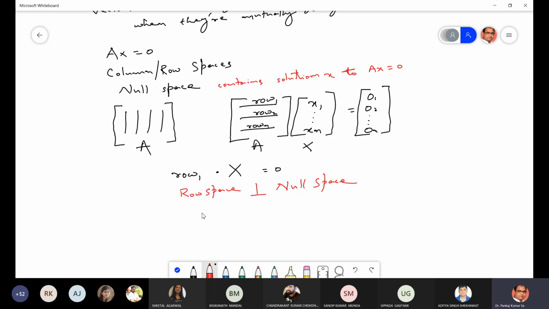In mathematical terms, the column space of A transpose is perpendicular to the null space of A.